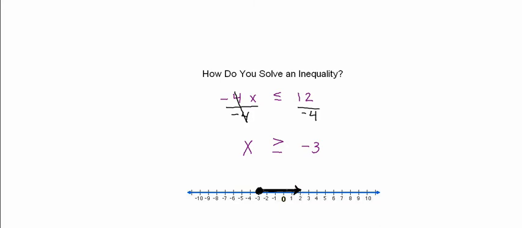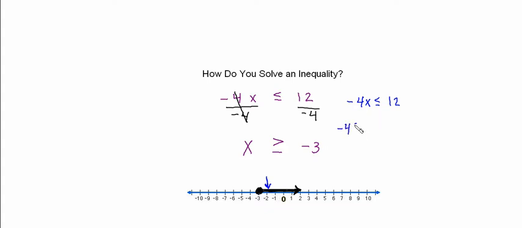And now let's test our solution. We're going to choose a value that's greater than or equal to negative 3. So this time let's test negative 2. We can rewrite the inequality, negative 4x is less than or equal to 12. And this time we're going to substitute negative 2 for x.